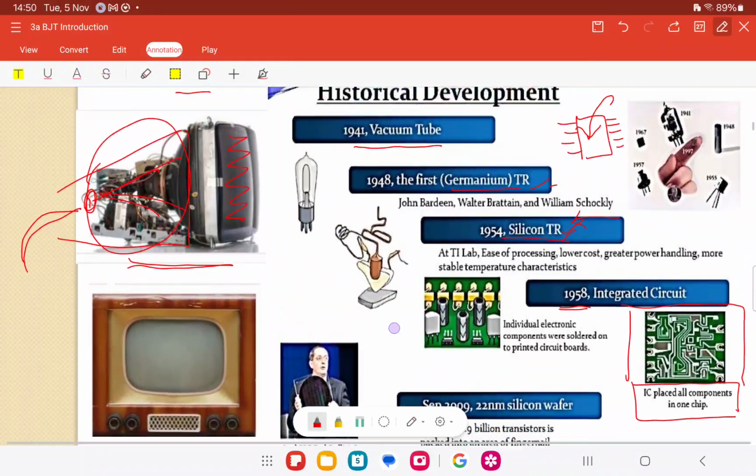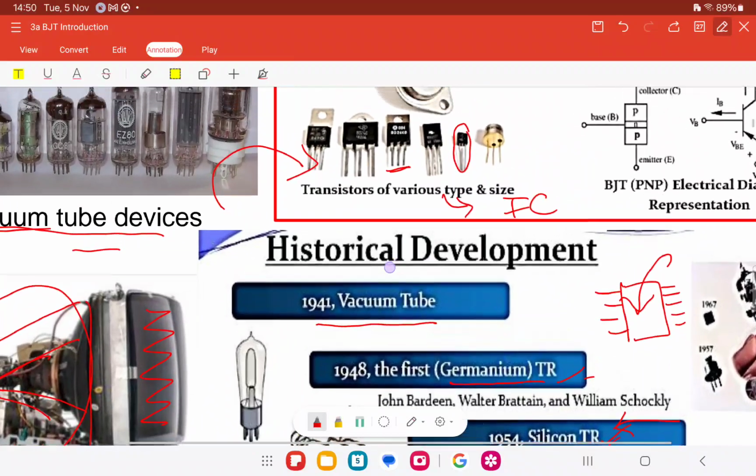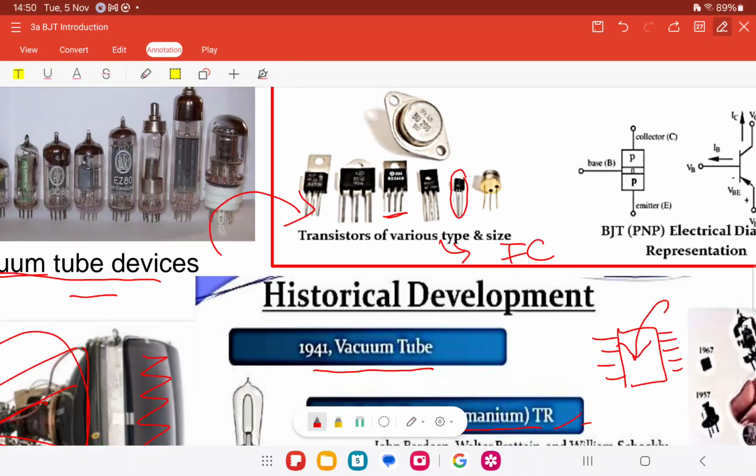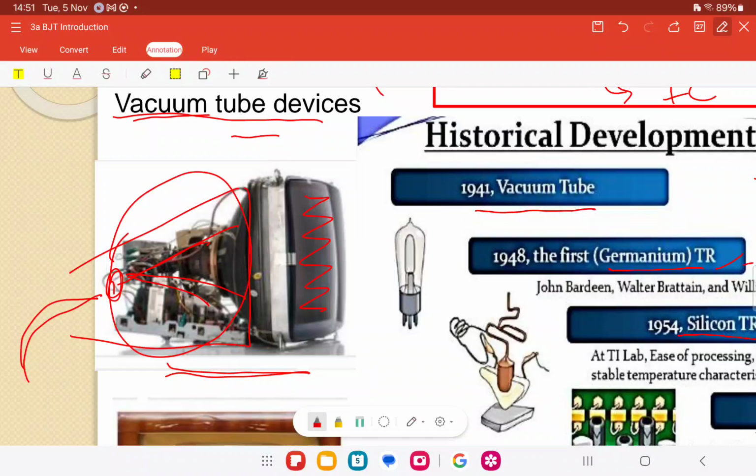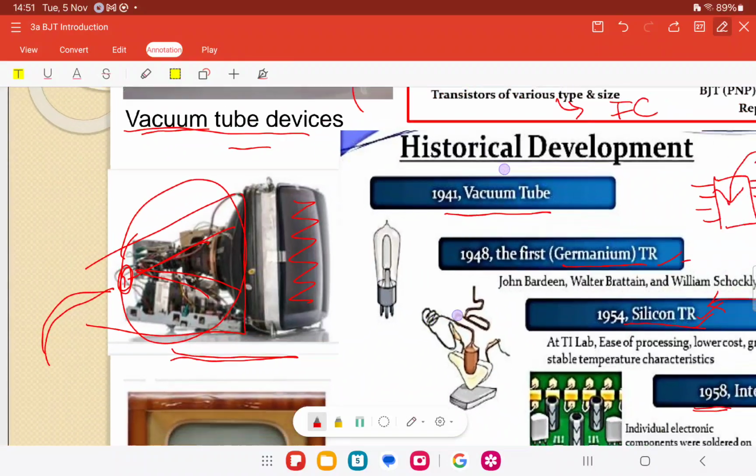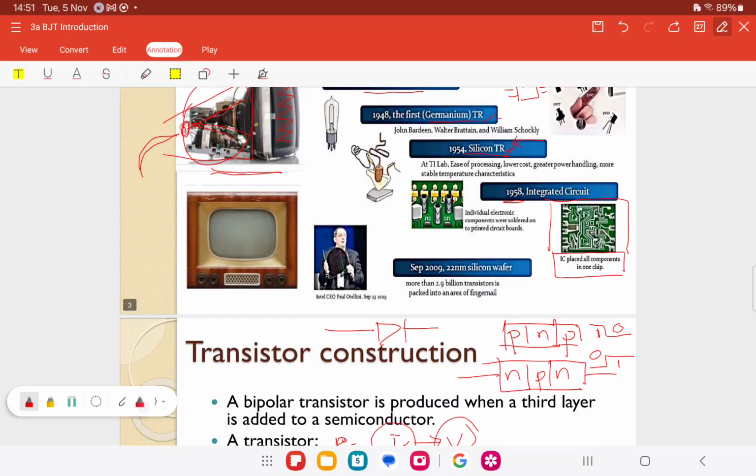Okay, and compared to this small transistor, this one is a revolution for the semiconductor for smaller, more reliable and energy efficient electronic devices. Sebab tu dia lagi smart, lagi cepat nak proses in compare to komputer zaman dulu with the komputer zaman sekarang kan. Okay, dia lagi fast processing lah.